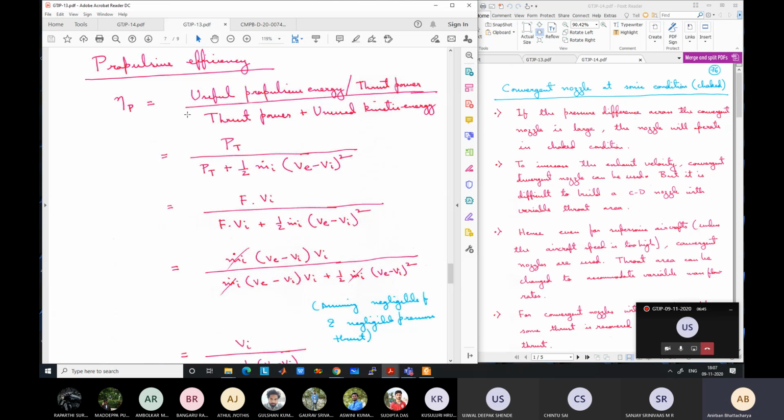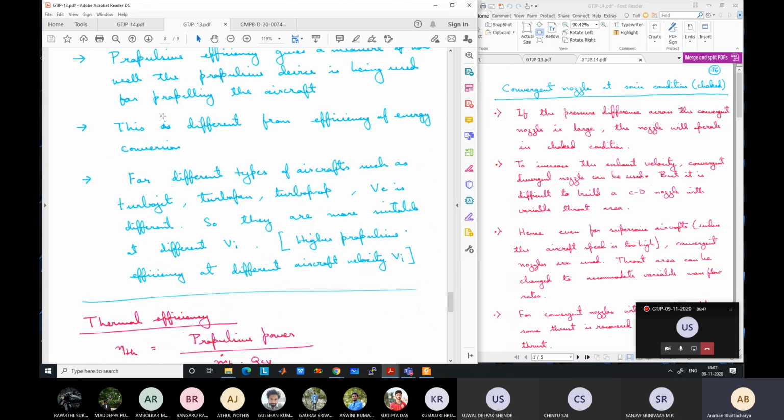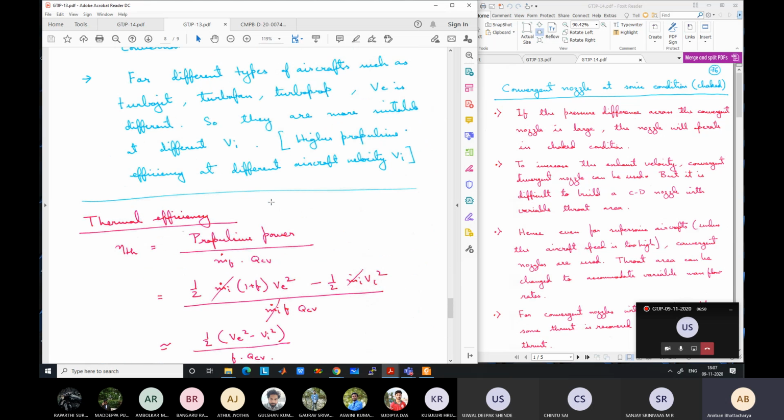So this is our propulsive efficiency, and we have seen the different types of aircraft that we have discussed in detail, and why different types of aircraft have different types of engine. Military aircraft, civilian aircraft, low speed civilian aircraft, high speed civilian aircraft, why they have different types of engine, and that is because propulsive efficiency should be high for all types of aircraft, and the propulsive efficiency depends on the exhaust gas velocity, and exhaust velocity depends on the type of engine.